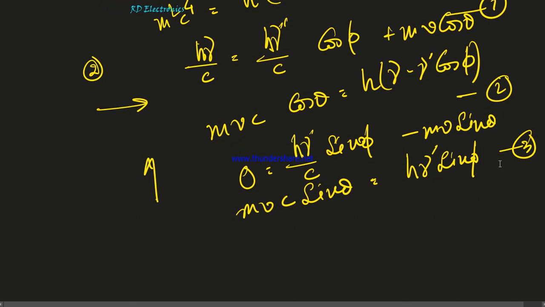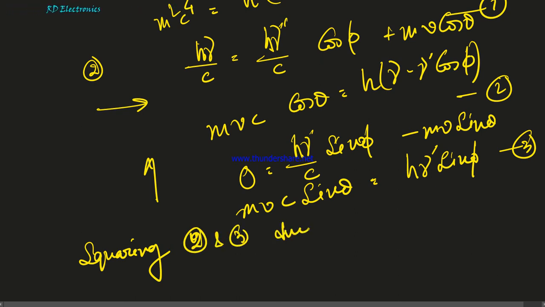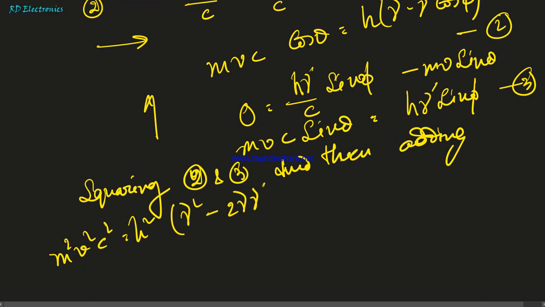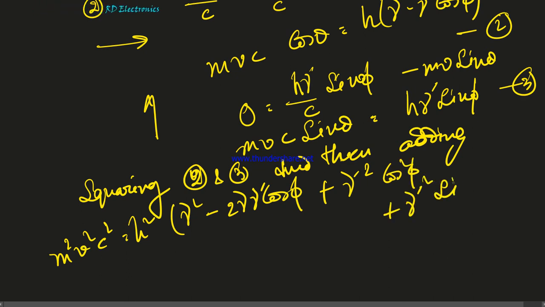So now squaring equations 2 and 3 and then adding, we get m square v square c square equals h square nu square minus 2 nu nu dash cos phi plus nu dash square cos square phi plus nu dash square sin square phi.